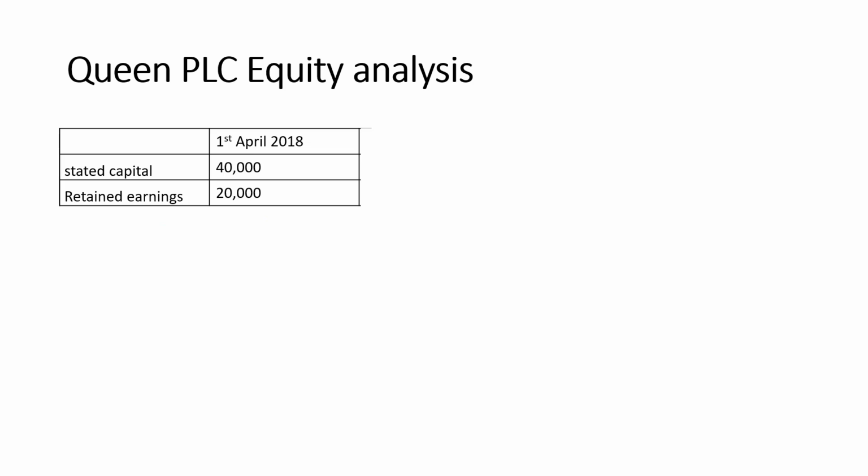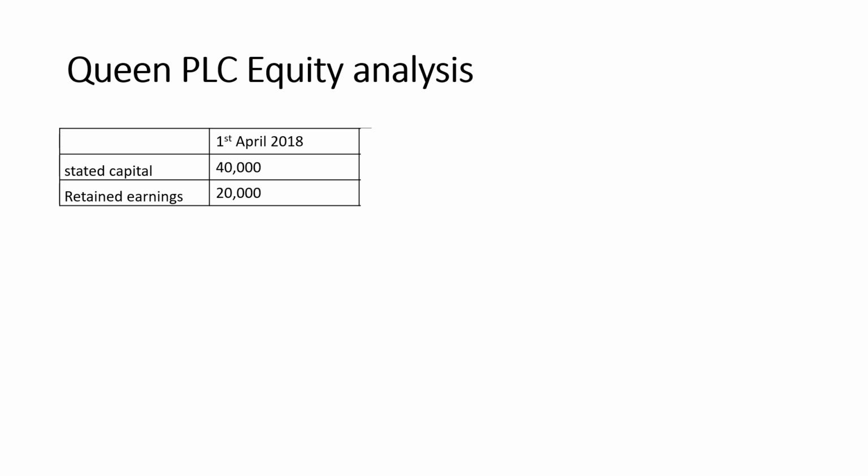Based on the given information, let's do the equity analysis of Queen plc. As mentioned, on 1st of April 2018, the stated capital was 40,000 and retained earnings were 20,000. Here I am referring to everything in thousands. That's why I have written 40 million and 20 million as 40,000 and 20,000.